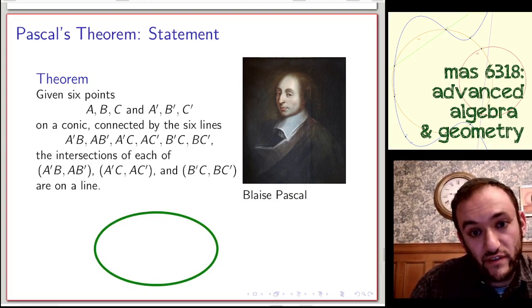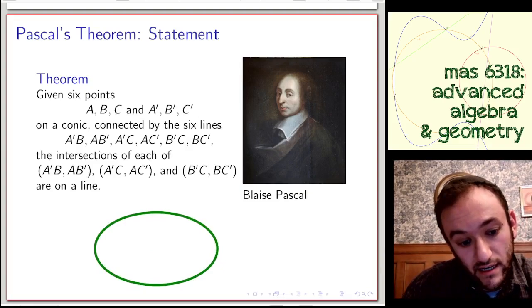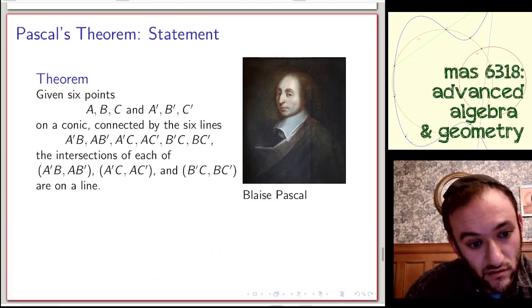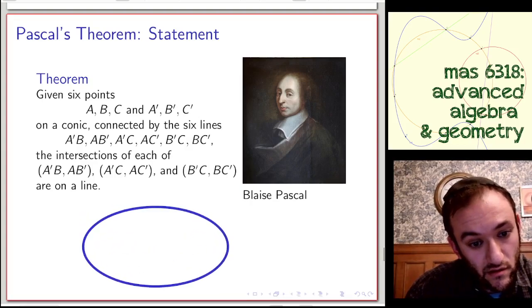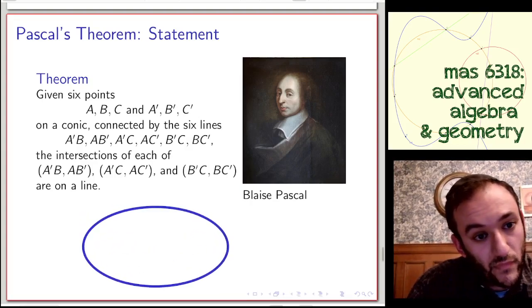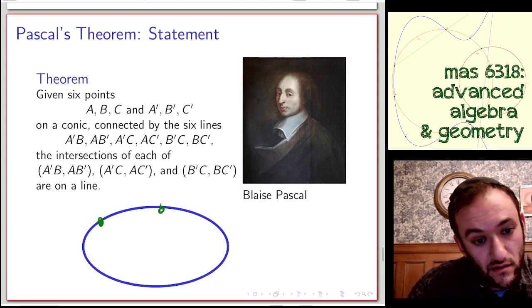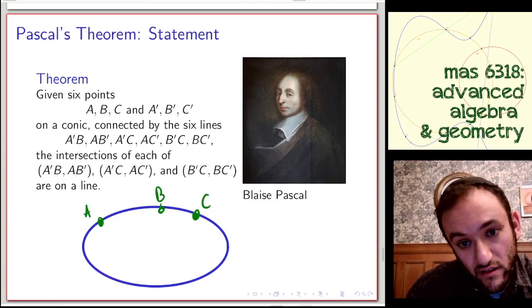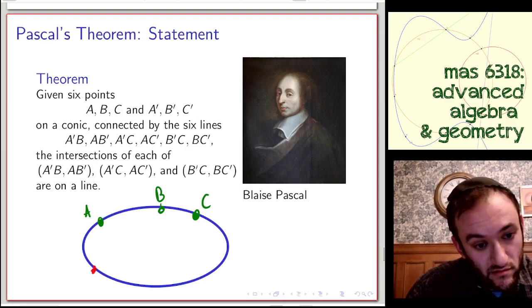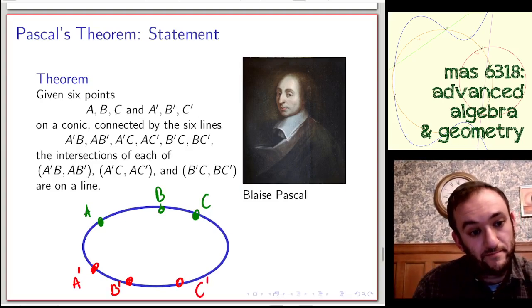Let's make it blue. So we've got an ellipse here. And now we're going to have 6 points. This will be A, B, and C, and we'll make another few points. We have A prime, B prime, and C prime.